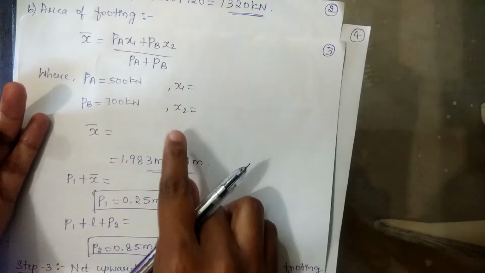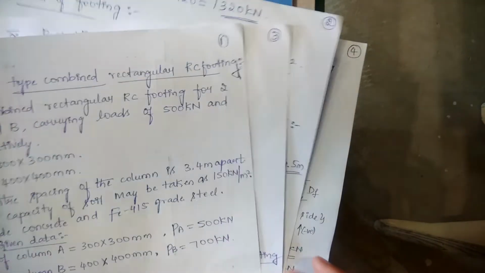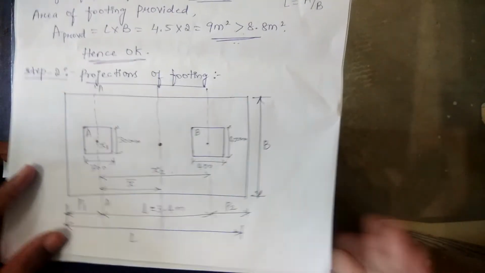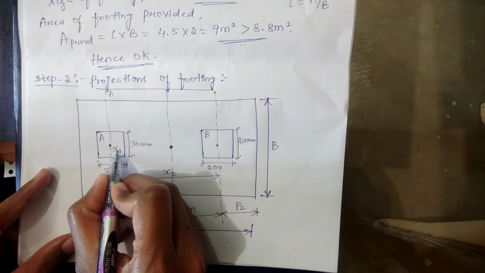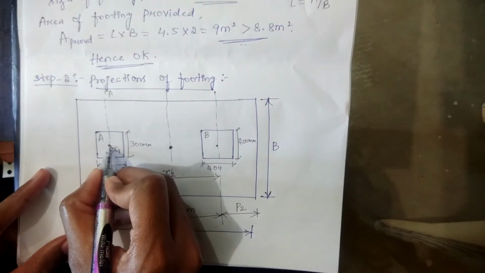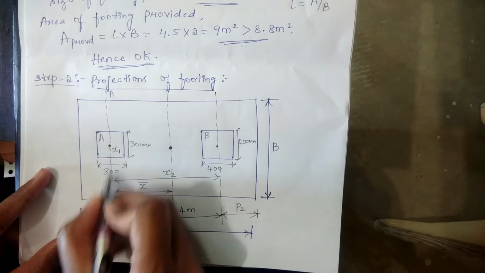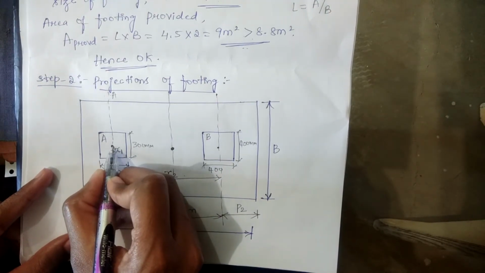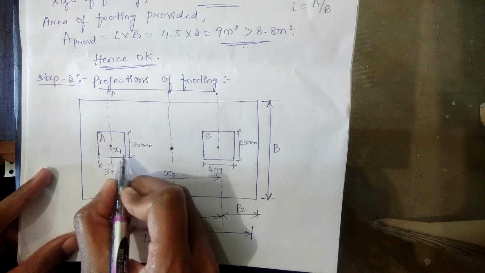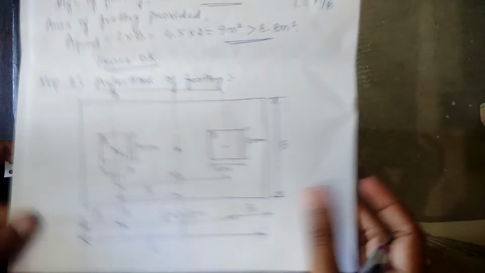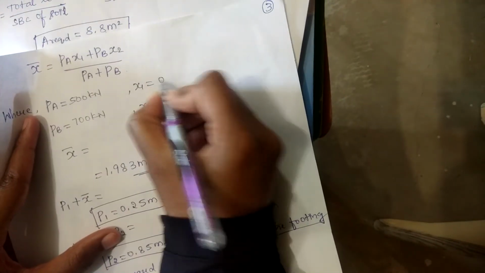Now, x1, x2 distances: these two distances you have to take with respect to the distances you have located within the figure. See, the distance of x1 from the reference axis, as both the CG and the reference axis are lying in the same plane and same point, the value of x1 will be 0. Hence, here the value of x1 is 0 meter.